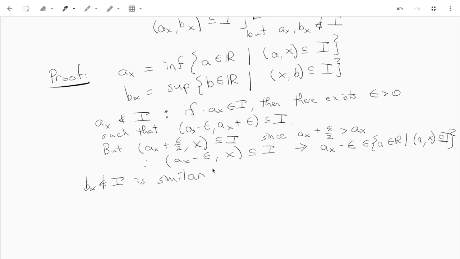Okay. Now we want to show that the interval from ax to bx is a subset of I. So let y be in the interval from ax to bx.